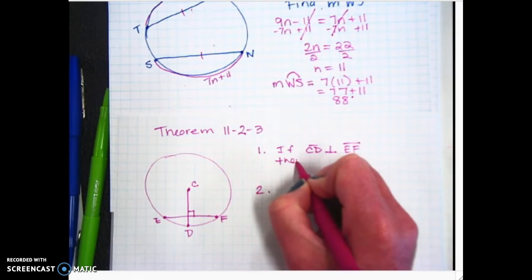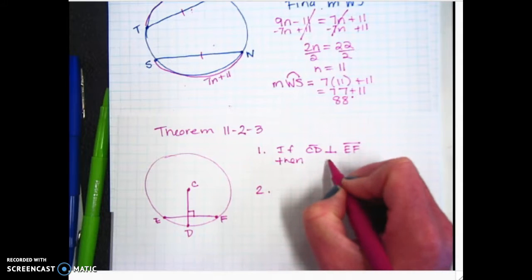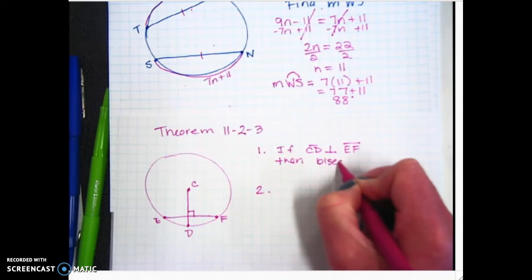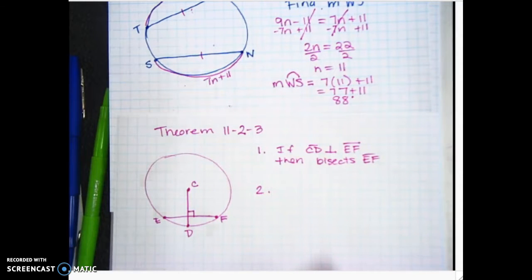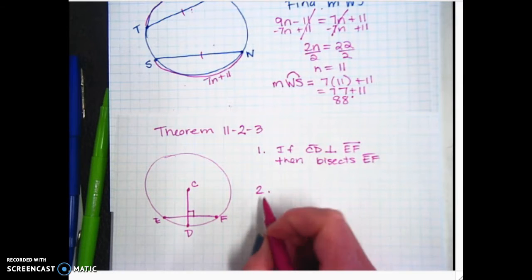then that CD is going to bisect EF. Cuts it exactly in half. And the 2 smaller pieces become congruent to each other. Okay?